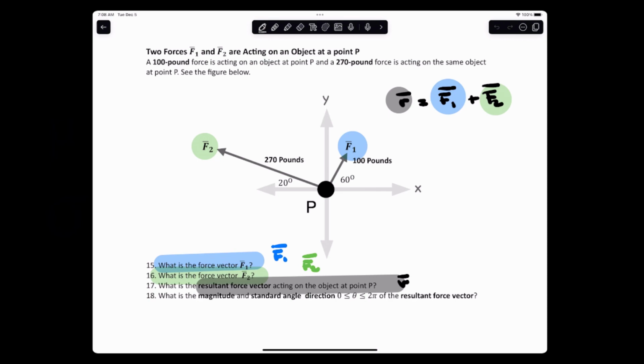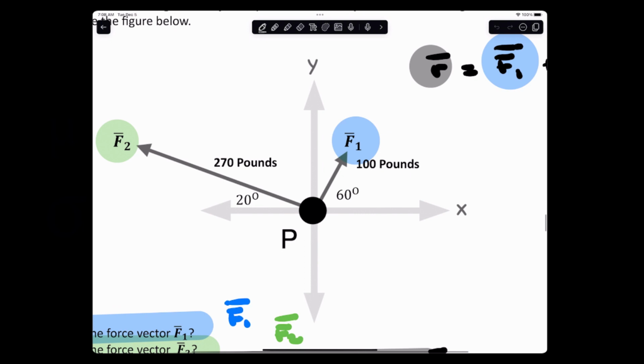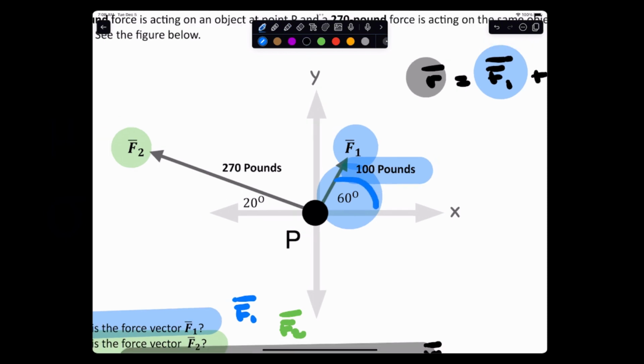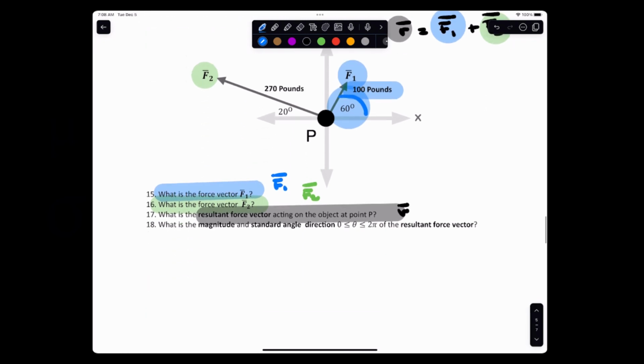And so we have two forces acting on an object. The first force has a magnitude of 100 pounds with an angle of 60 degrees. So I'm going to put that information down here because we're going to use it.